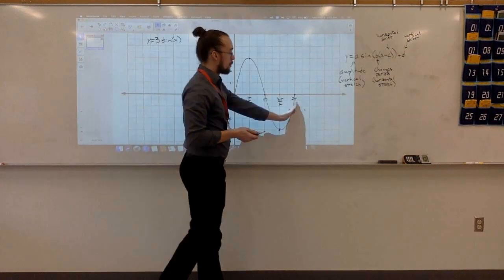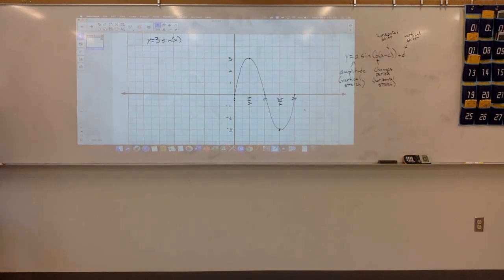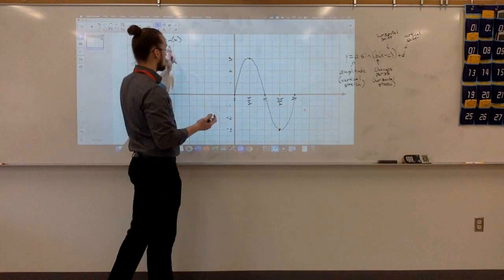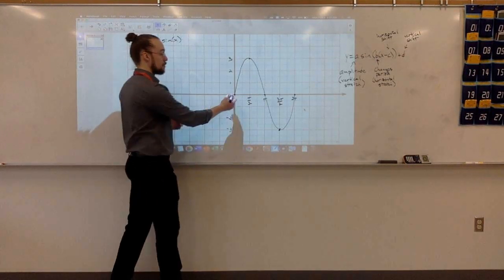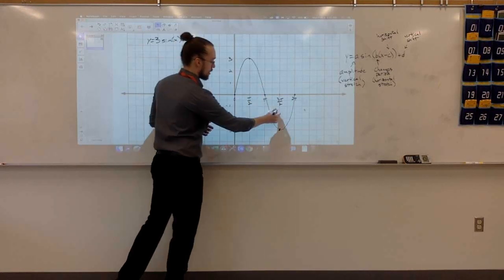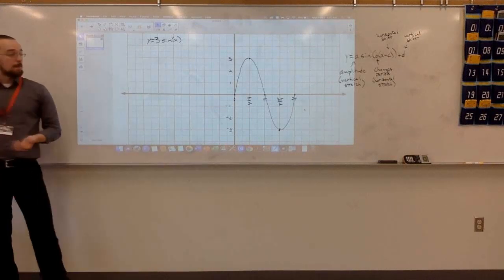We'll be going from 0 to 2 pi if we're not shifting at all. Questions so far? Again, we really have to understand what sine looks like before we shift. We're starting at 0, going to a maximum of 1, crossing the x-axis, minimum of negative 1, going back up to the x-axis.